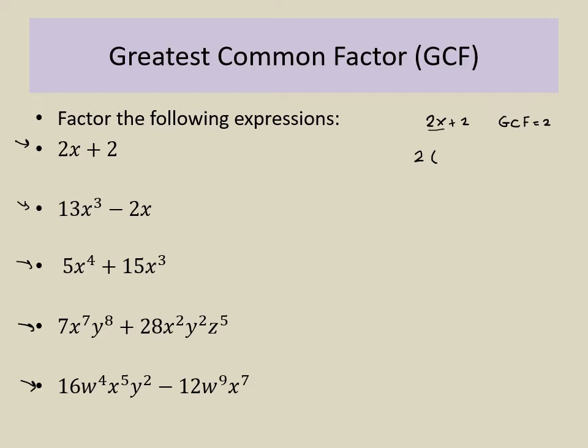If I divide this by 2, I get x, and then we have plus in the middle. And then if I divide this by 2, and this is very important, 2 divided by 2 is not 0 or blank. Anything divided by itself is 1. So we have x plus 1.